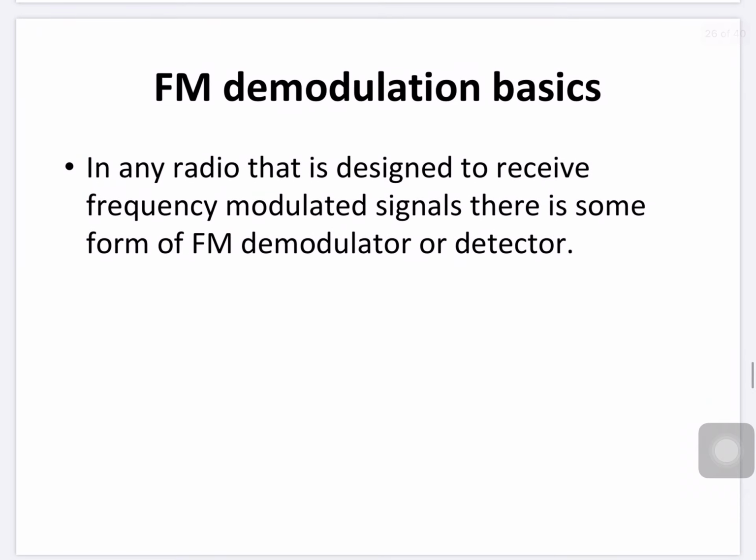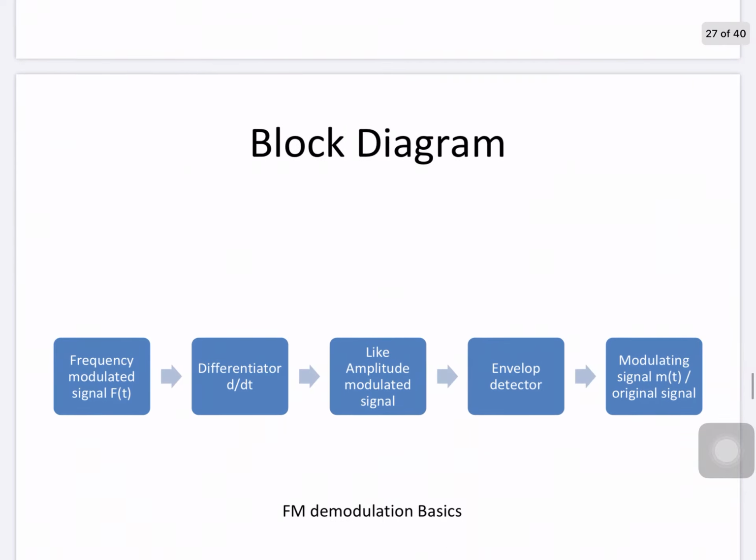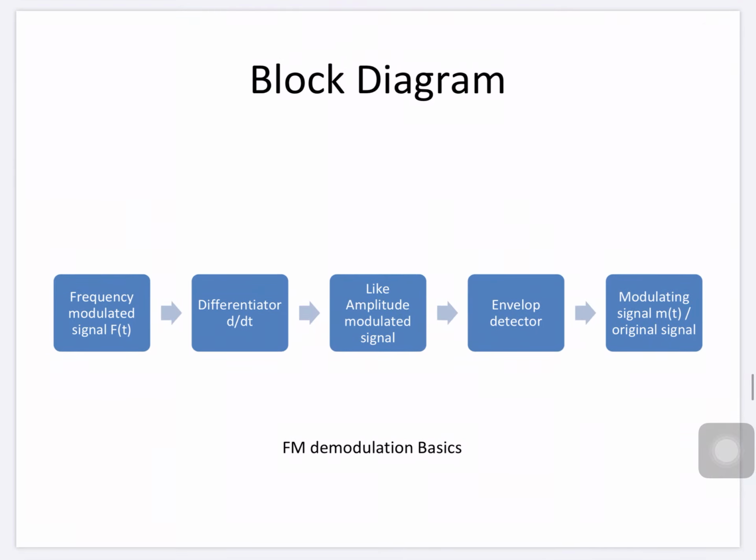Now what is the basis of FM demodulation? In any radio that is designed to receive frequency modulated signals, there is some form of FM demodulator or detector. What is the basic block diagram? We can understand. When the frequency modulated signal is received at the receiver side, it is fed to a differentiator, which in equation is written as d by dt.